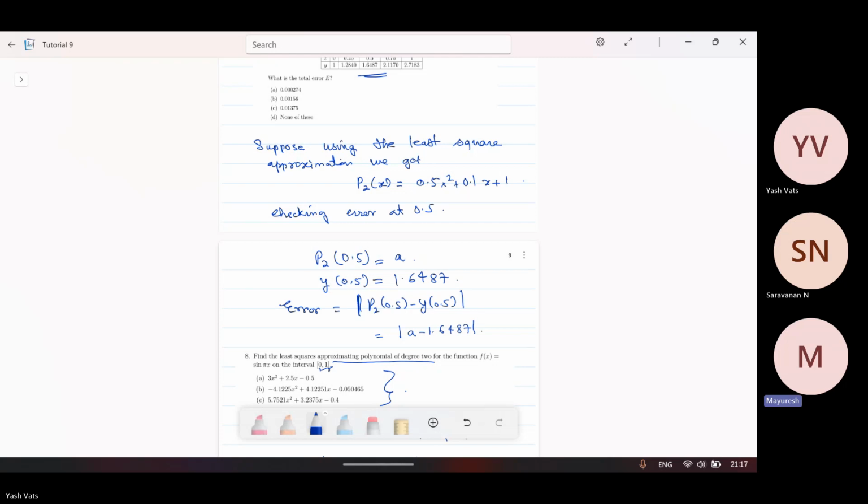Yes, if possible, next week, please change the timing. I was busy today, so I haven't changed the timing today. From next time, maybe if possible you change it. Otherwise also no issue. We only have 3 classes left after that, right? For the summary class, the last class, if at all there is a summary class, you keep it at some other time.